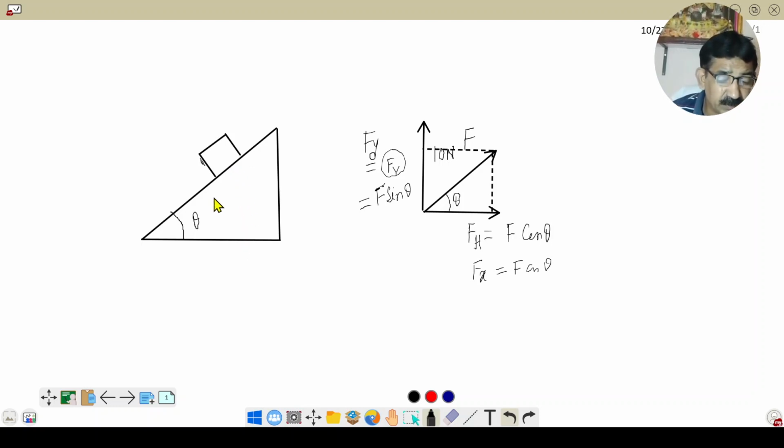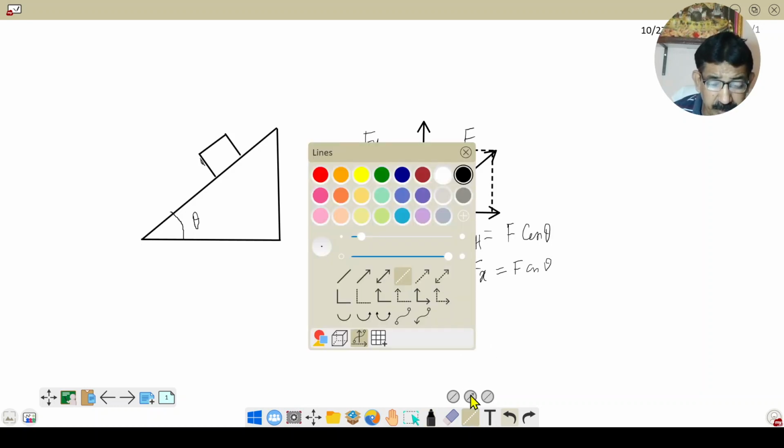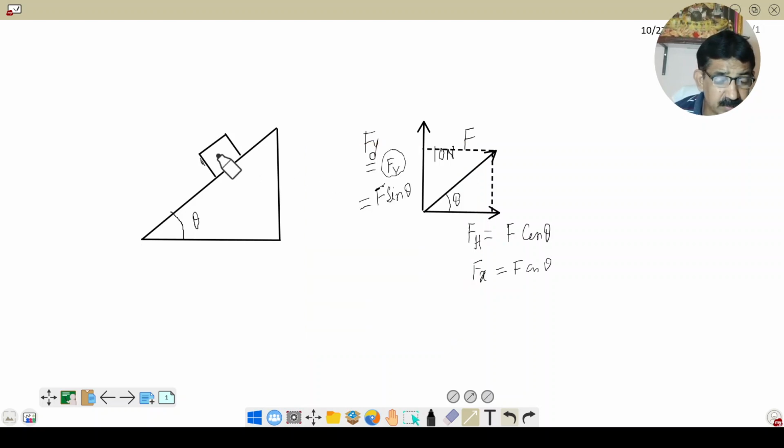Suppose a body, a box or a block, is placed on this inclined plane. Now we know the weight of a body is always vertically downwards. Suppose this red line represents the weight, and we shall say this vector is the force applied on the body, the weight.